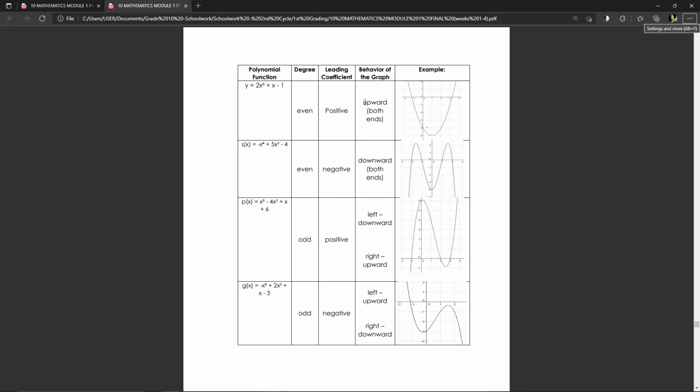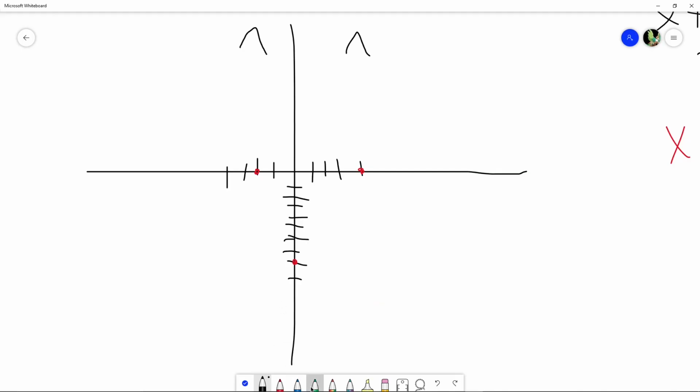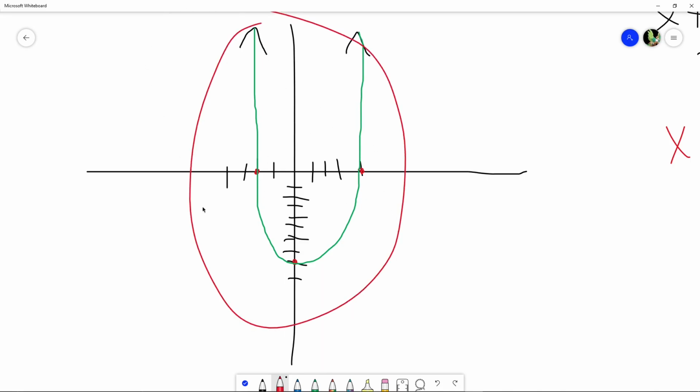Now we're going to graph that in. From this point, you go here, towards this, and towards here. Now that we got this, this is the whole graph.